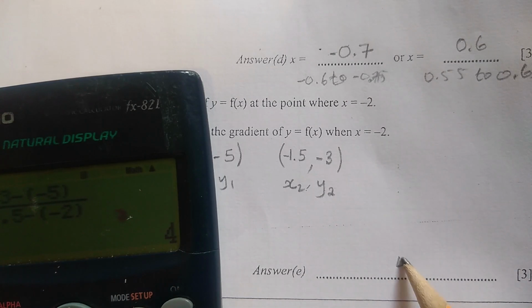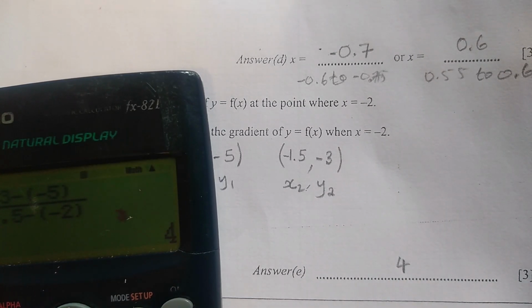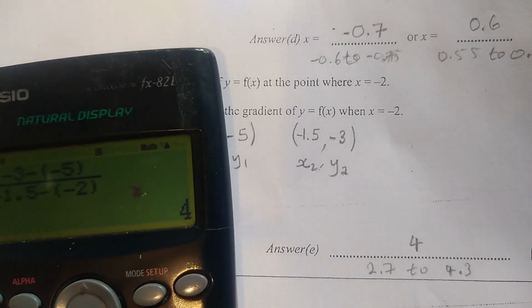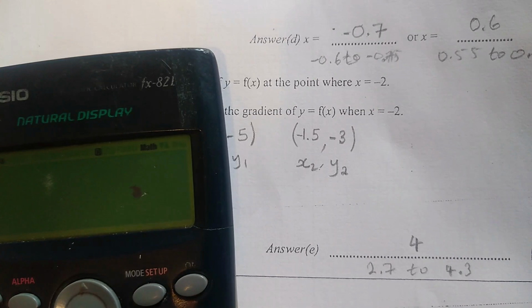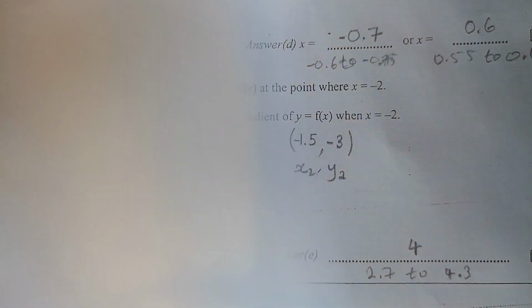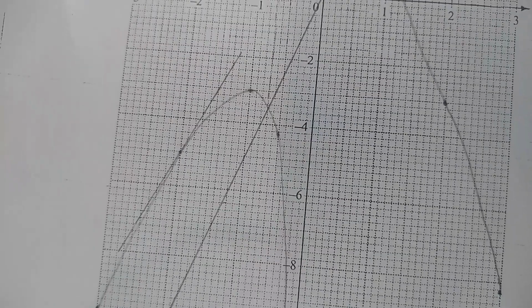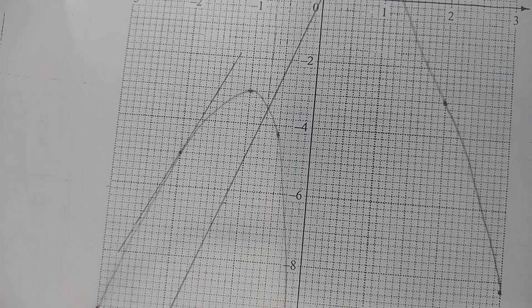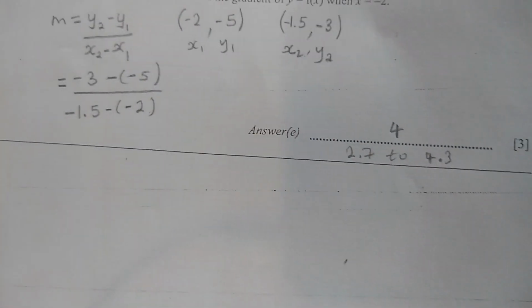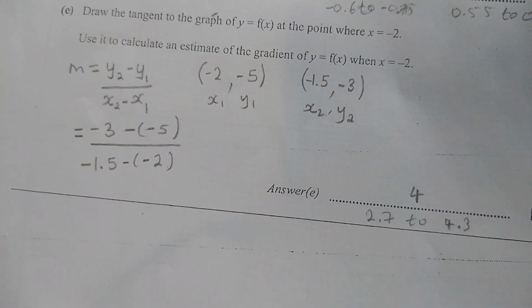Our gradient is 4. Your gradient should range between 2.7 and 4.3. That's when your gradient will be correct. Okay, so make sure that you draw your tangent neatly like this. So we are done with this one.